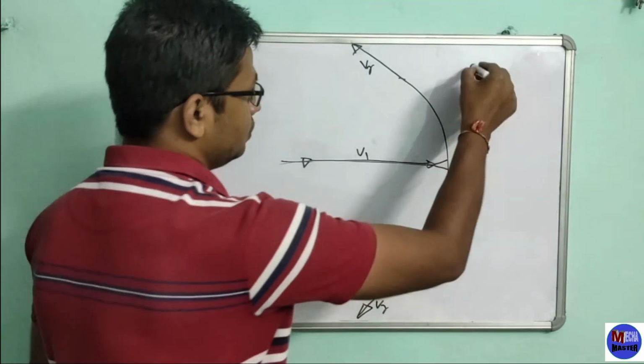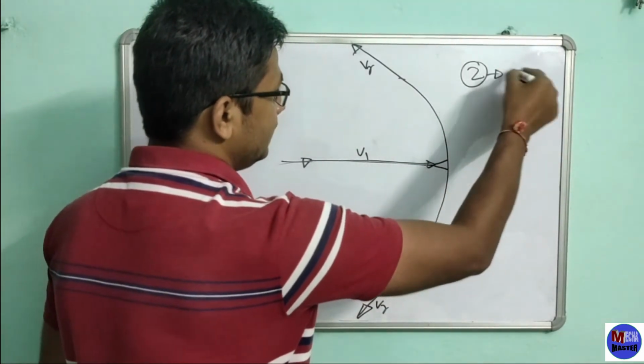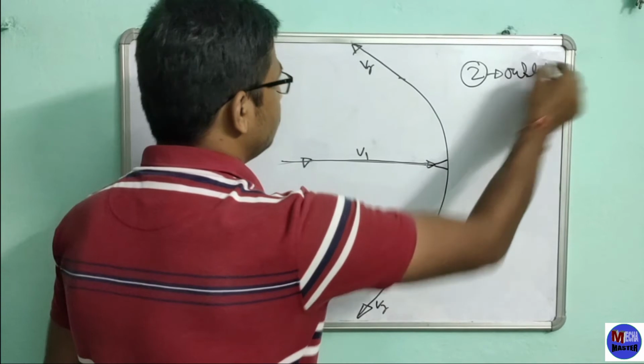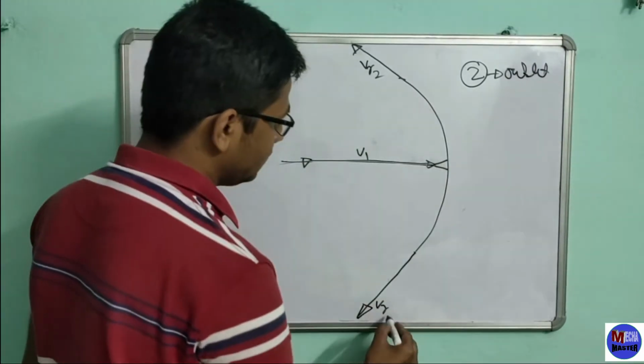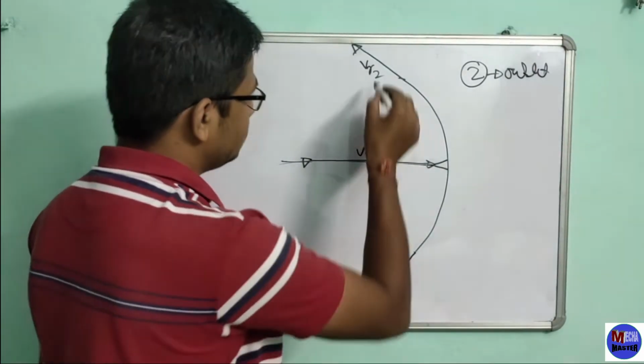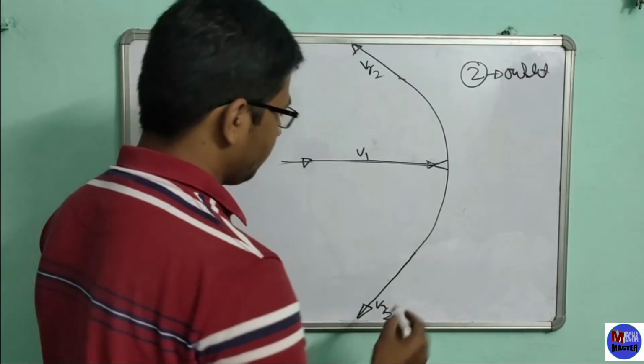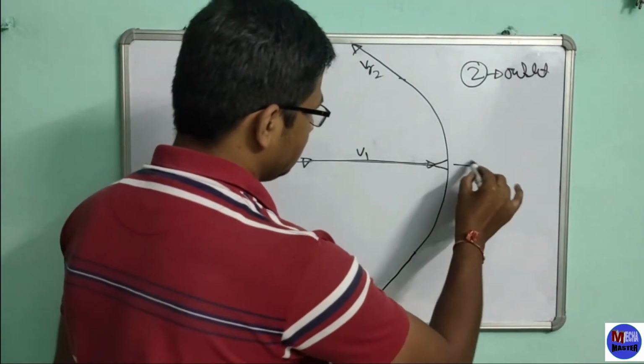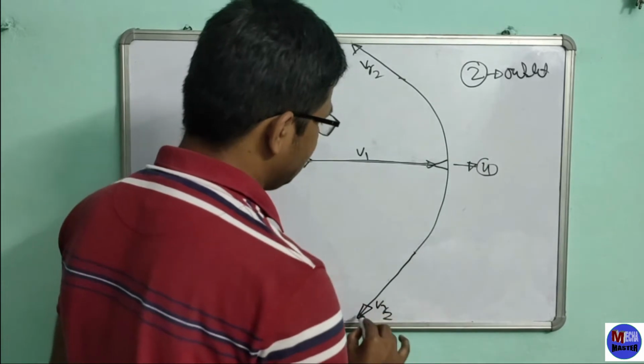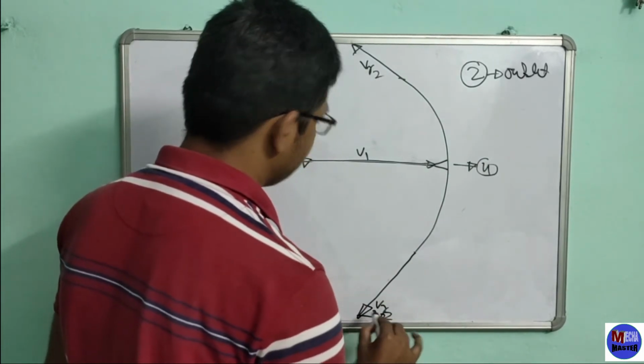Since we are going to show 2 at the outlet, we write 2, and the vane velocity is u, so we will add u.